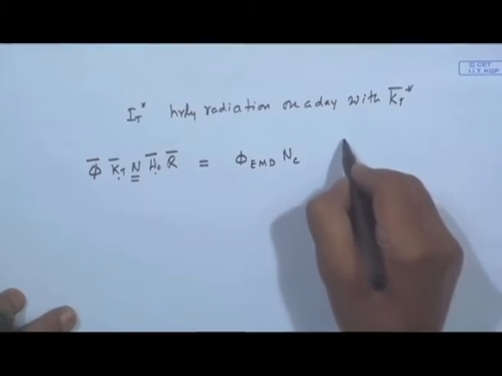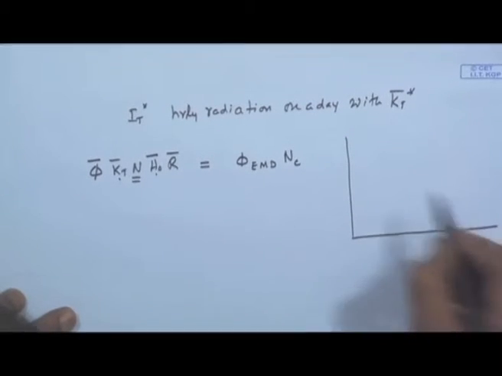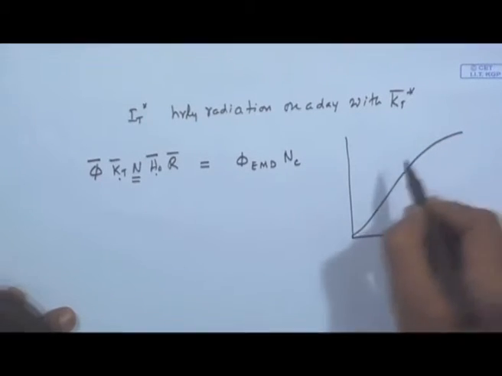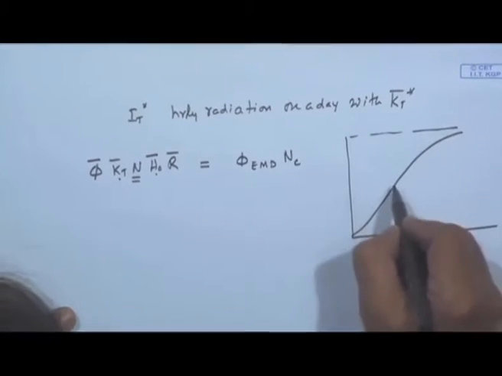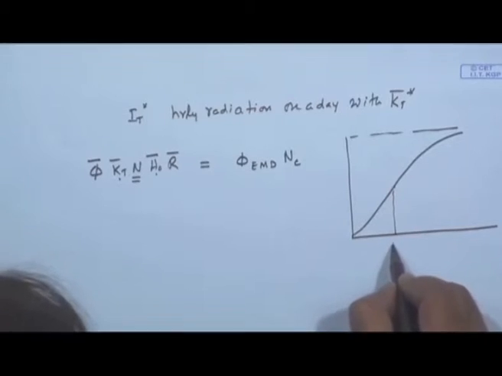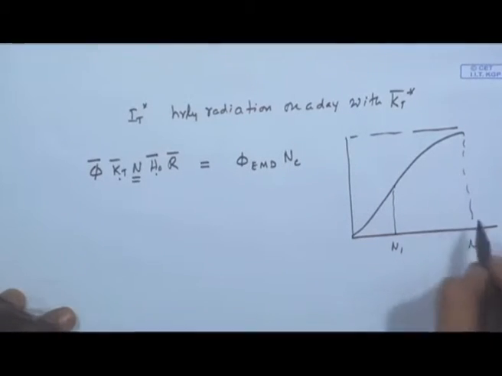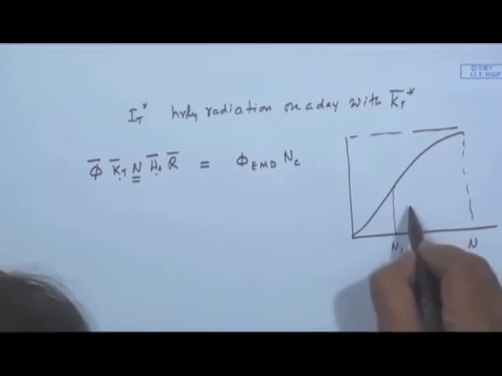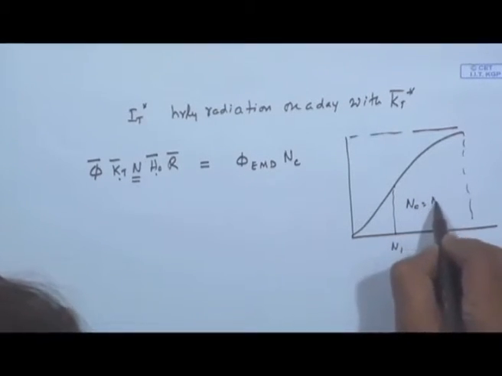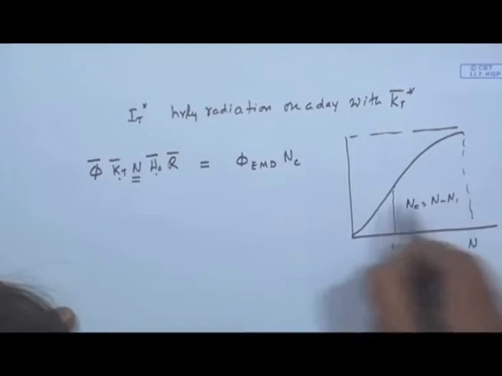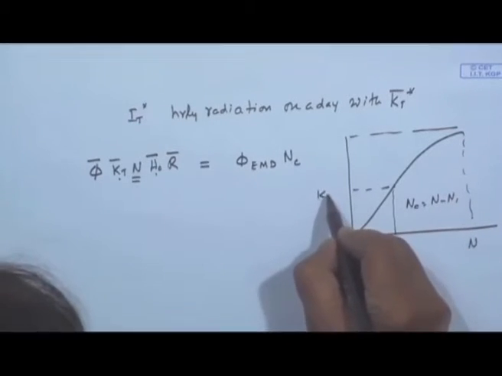Once again, if this is my curve, this is N1, N number of days in the month, NC equal to N minus N1. This is KT min.